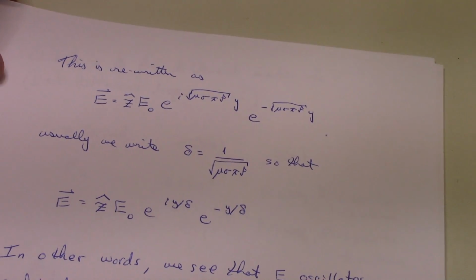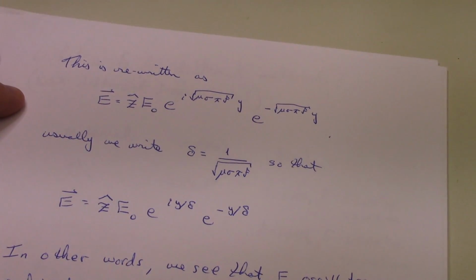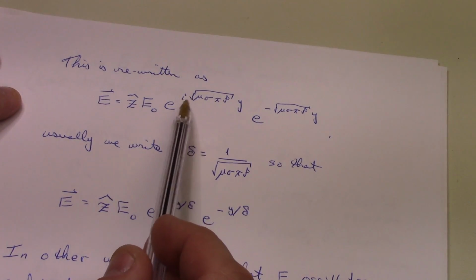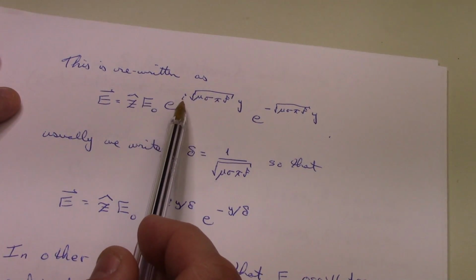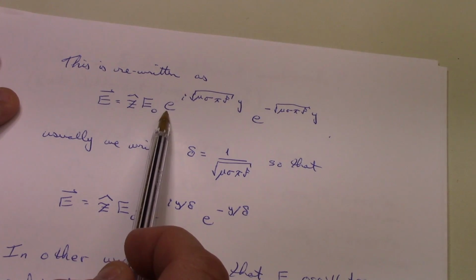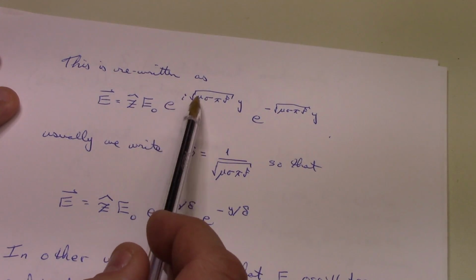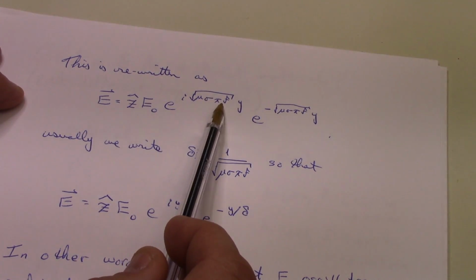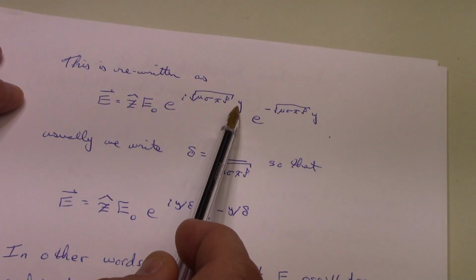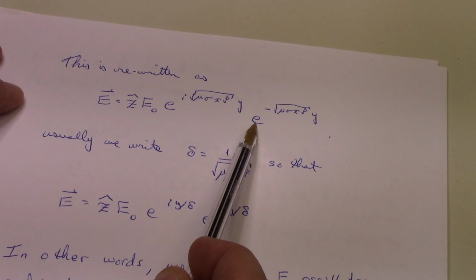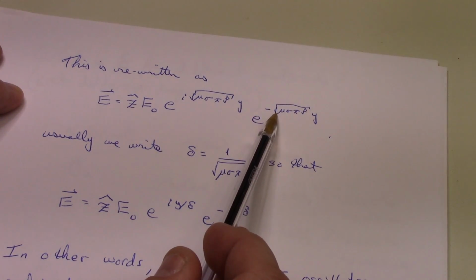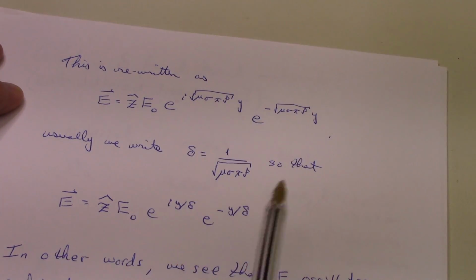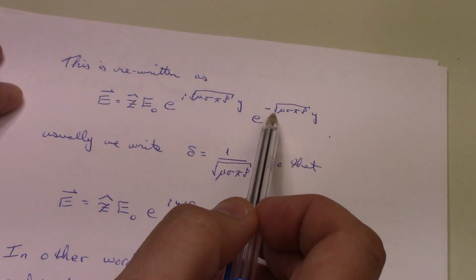So we're just going to massage this around a little bit, and split up those terms. The first thing is a purely imaginary exponential, e to the i square root of mu sigma pi f times y. And that's going to be multiplied by e to the minus square root of mu sigma pi f times y. Now this is a purely real quantity.